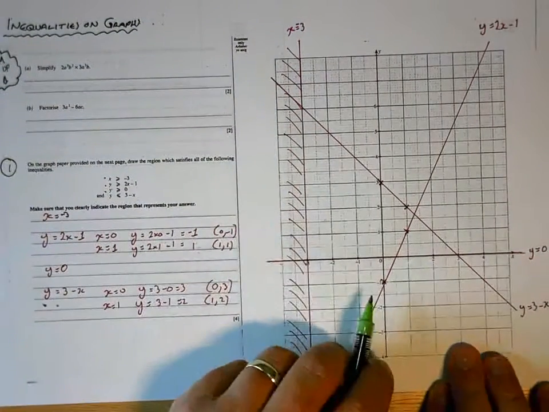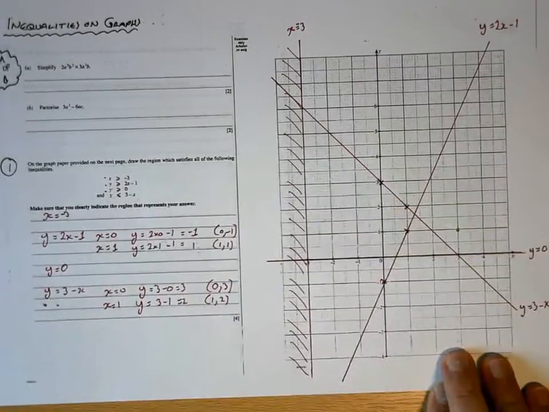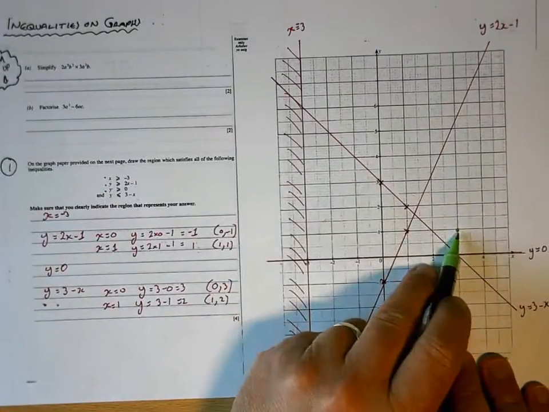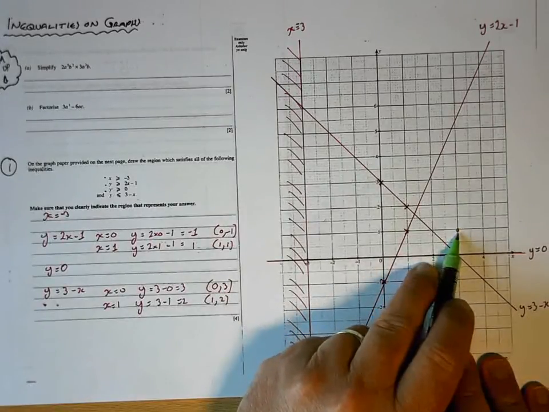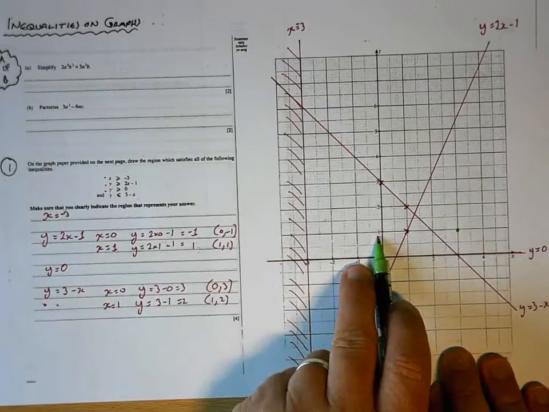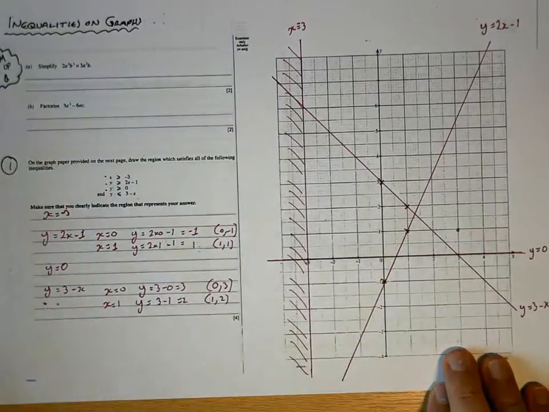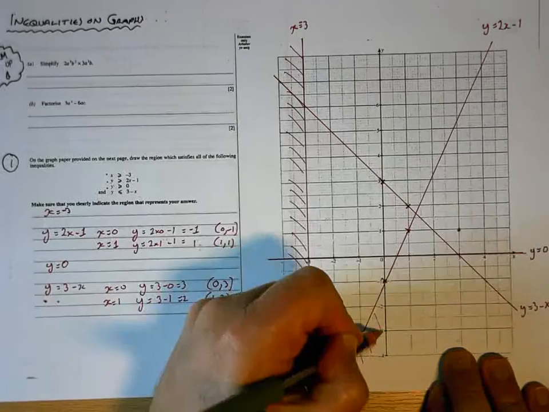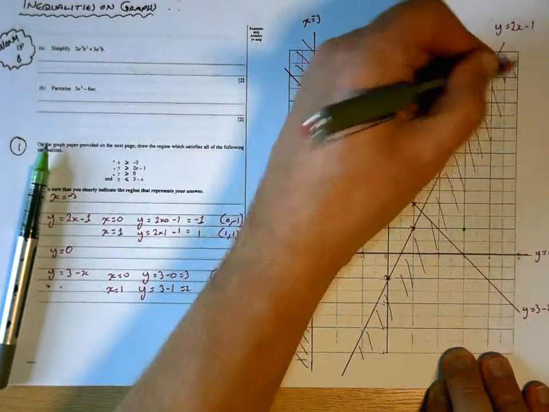For example, that point there has got an x coordinate of 3. Double 3, you get 6. Take away 1, you get 5. Is 5 bigger than the y coordinate? No, it's not. So that doesn't satisfy the inequality. So we hatch out everything below that line there.